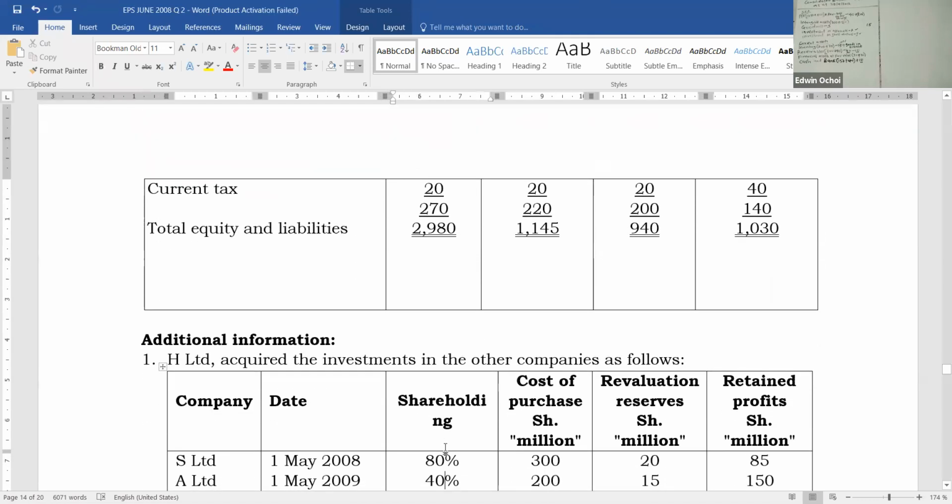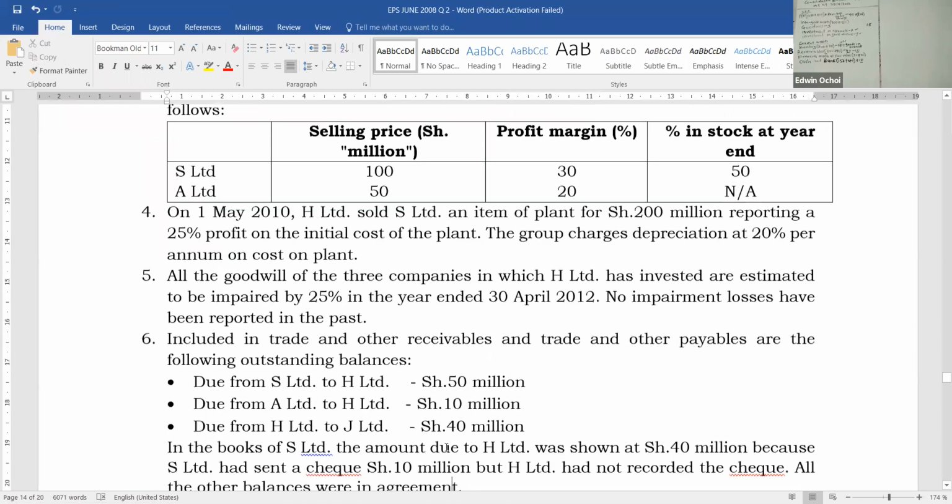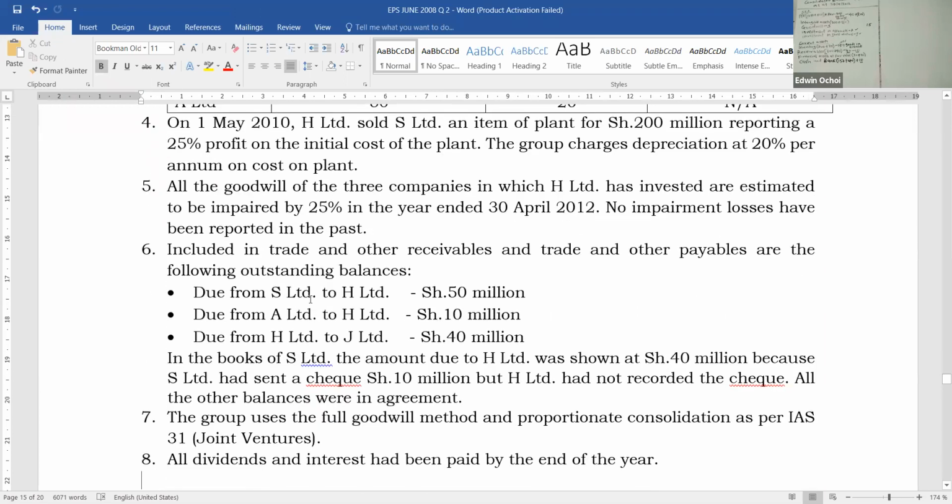It was here in note 6. Included in trade and other receivables and trade and other payables are outstanding balances due from S to H. I said 50. So the others for A and J, those are irrelevant. But they said down here in the books of S, the amount due to H was shown as 40 instead of 50. Why is there a difference of 10?